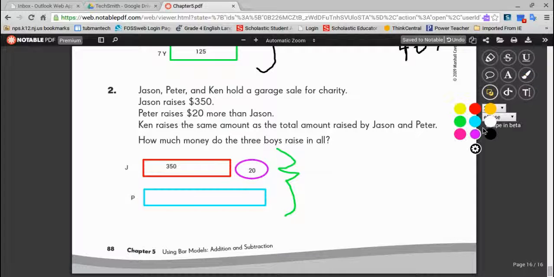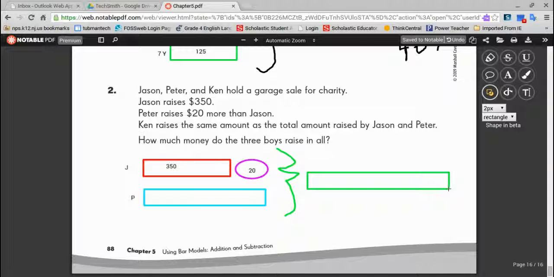And I'll put another little bar model. So when I combine these two together, this is what Ken raised. So here is Ken's bar model. And I'll put a K for Ken.